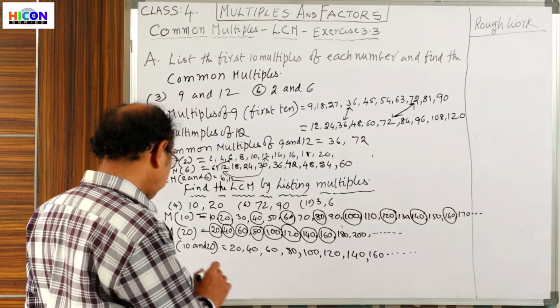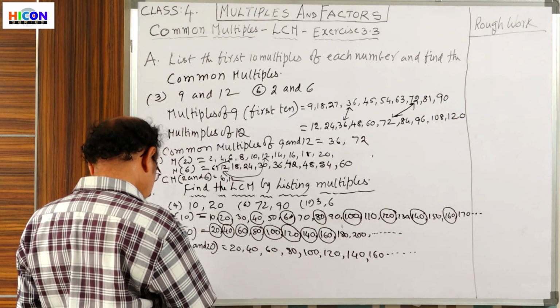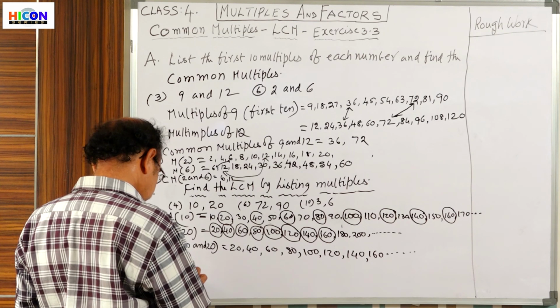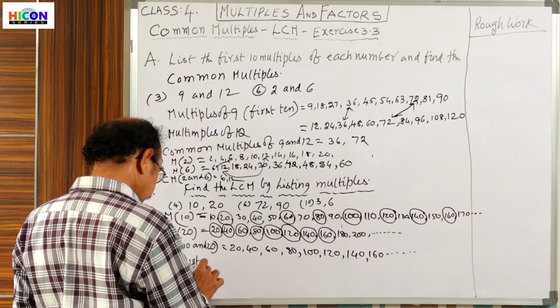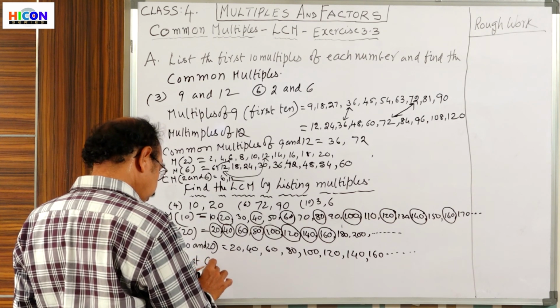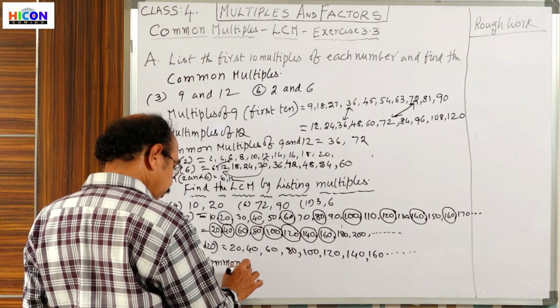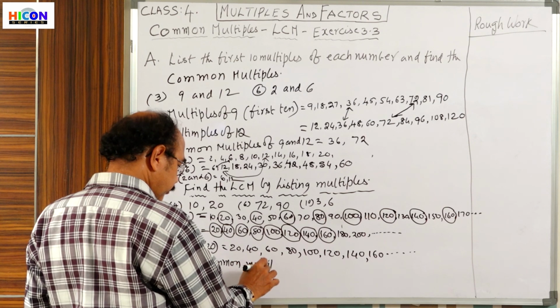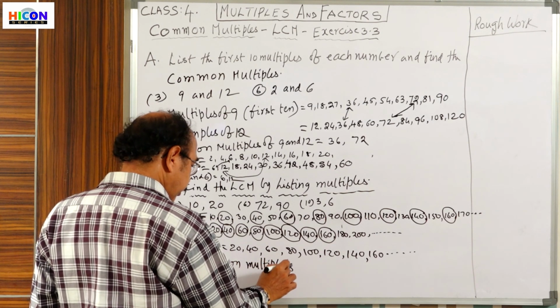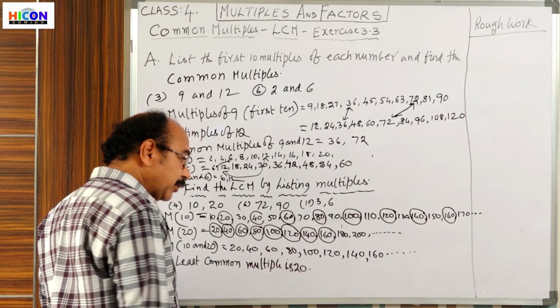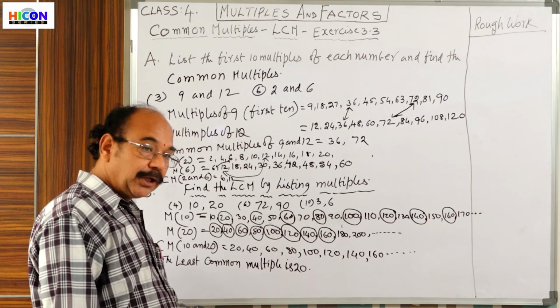Okay, children. So here we write the least common multiple is 20. This is the LCM.